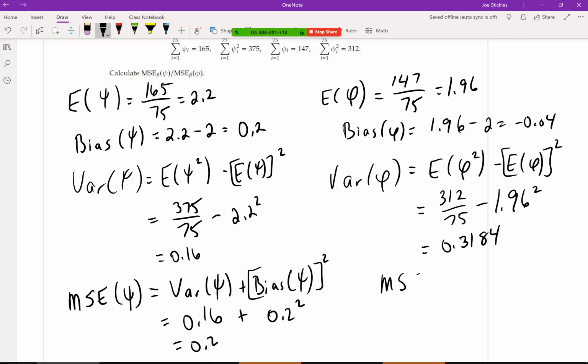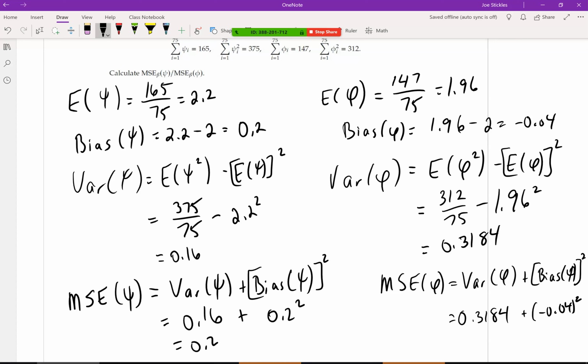Over here, for the mean square error of phi, same formula, just using the numbers for phi rather than the numbers for psi. Variance of phi is 0.3184, and bias is negative 0.04, but we're going to square it anyway. And here we get 0.32.